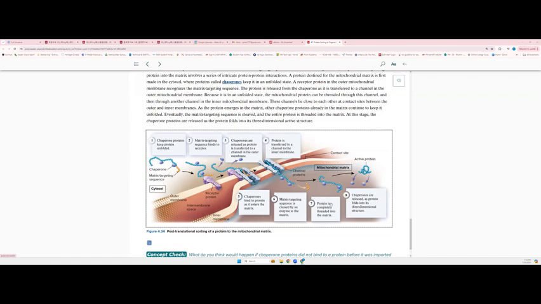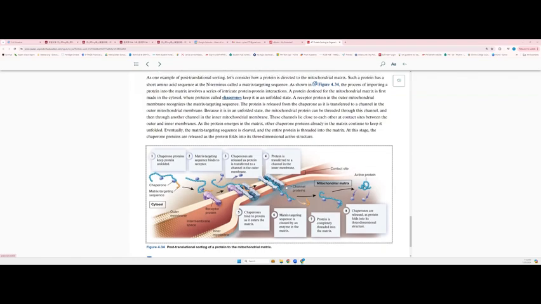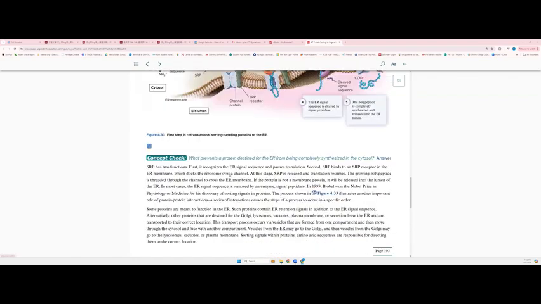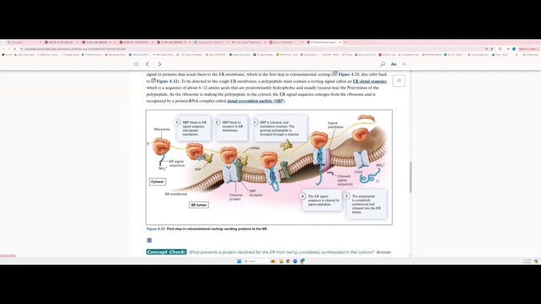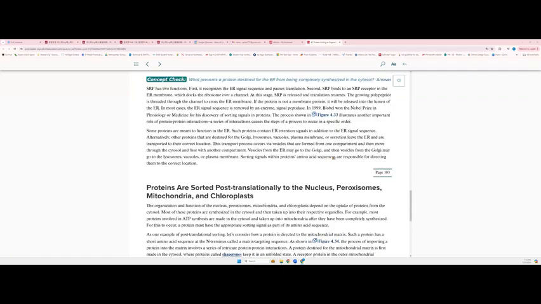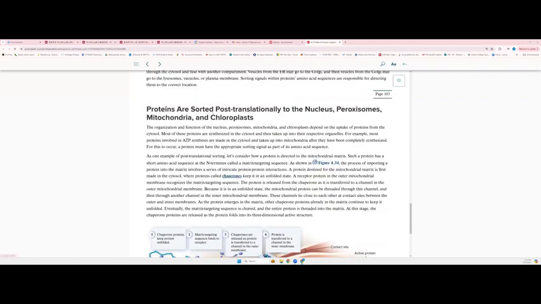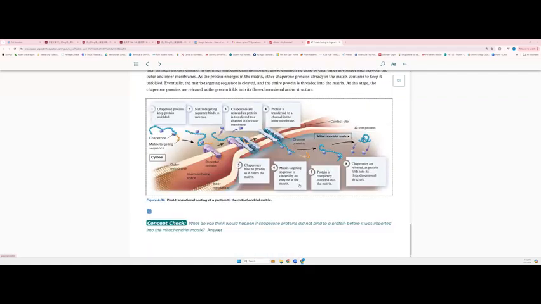After the protein has completely moved into the mitochondria, the chaperone is released, and the protein folds into the correct three-dimensional structure. So it's very similar to the previous example, but a little more complicated, because most of the time these post-translational proteins are bigger and more complicated.